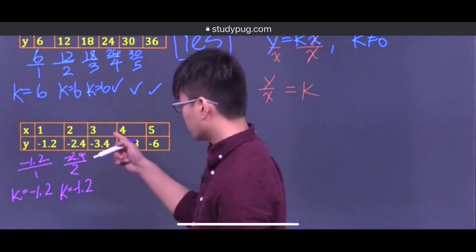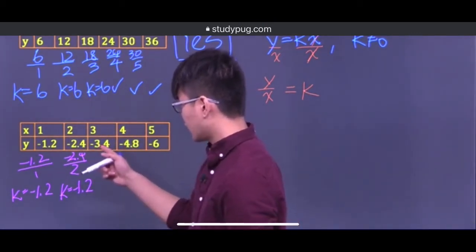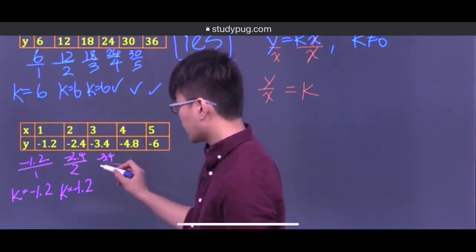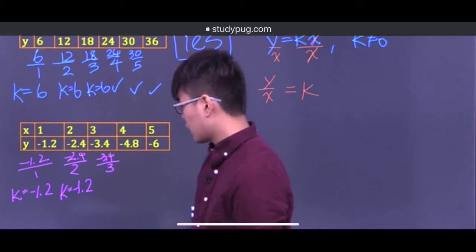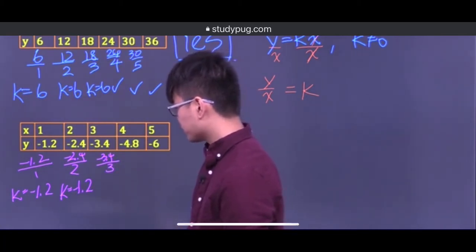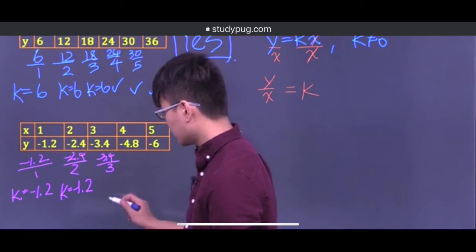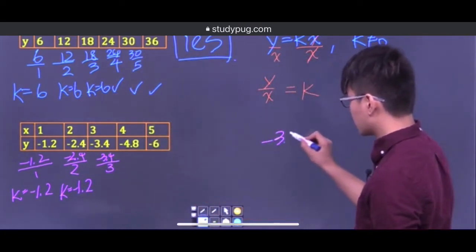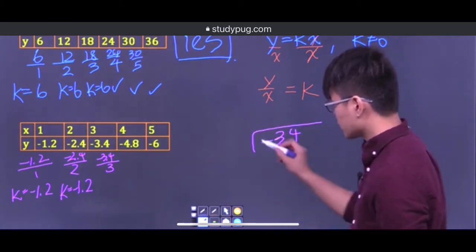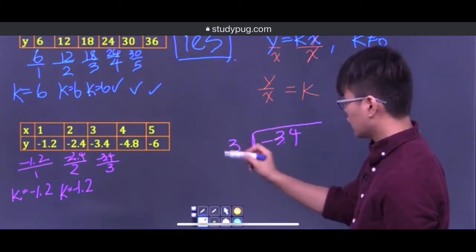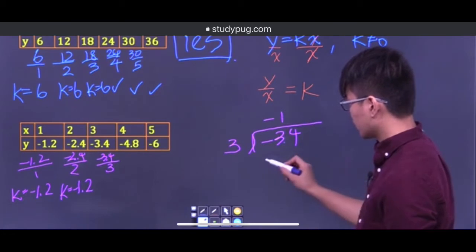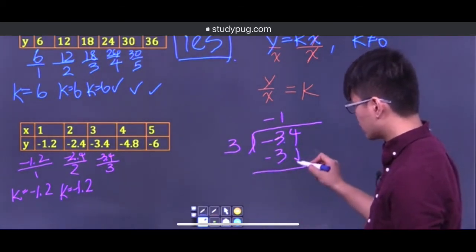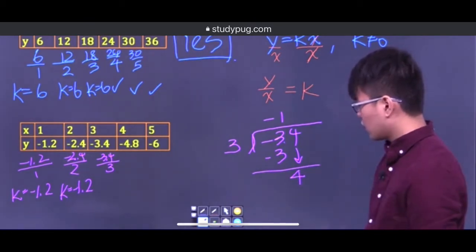And moving forward, when we have a y value of -3.4, we're going to have to divide this by 3. Well, let's do the math here actually. If we divide this by 3 using long division, we can plug in a -1 here, so we get -3, right? And pulling this 4 downwards, what are you going to do?